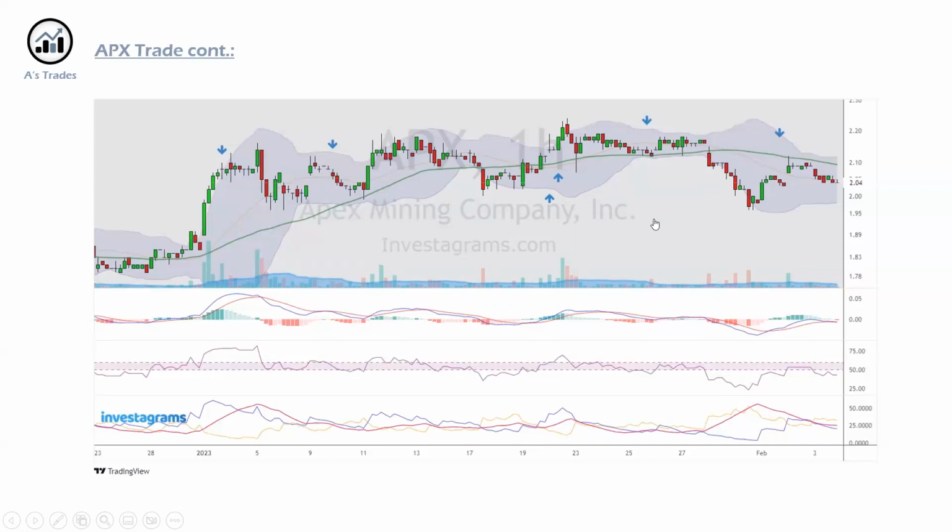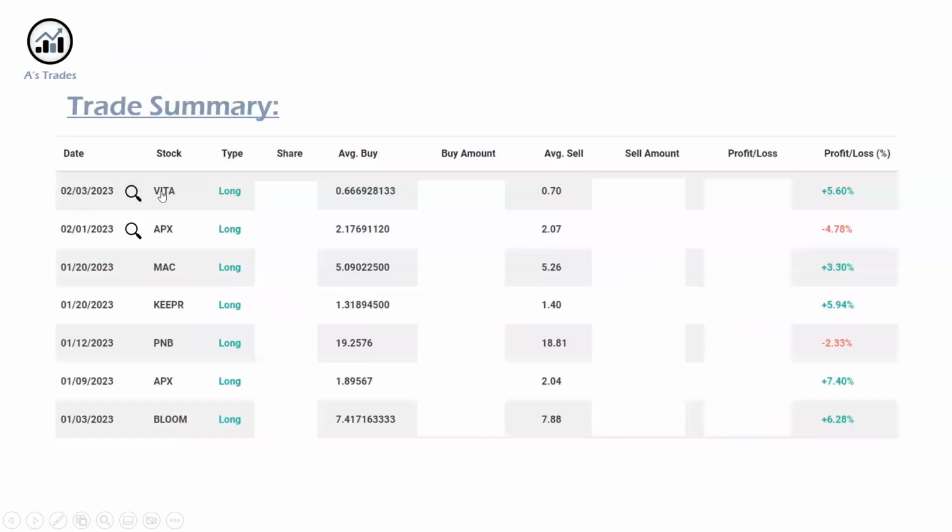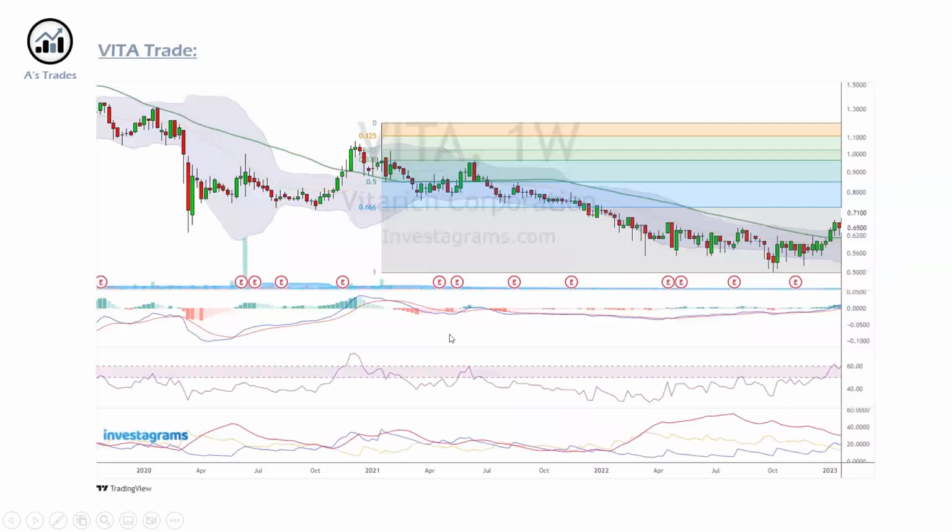Okay, so the next trade is Vita, in which I gained 5.6%. Here is the weekly chart again prior to my entry. In this chart, I saw two candlesticks above MA50, the latest two candlesticks.